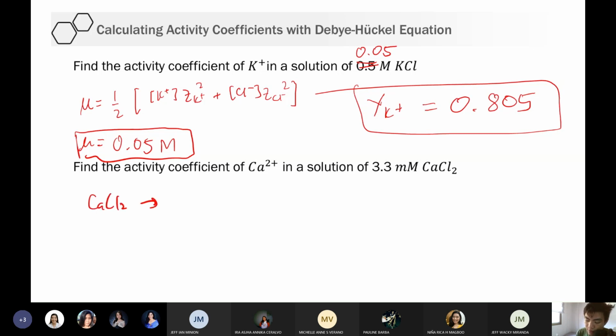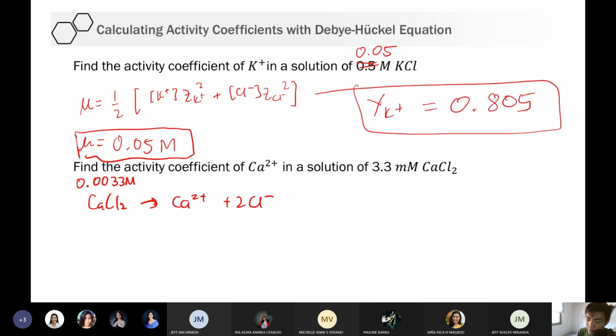If this dissociates into ions, we will get calcium 2 plus and 2 chloride ions. Millimolar is just 1/1000th of the molarity. So to convert this into molarity, because that's what we need, you just divide this by 1000.